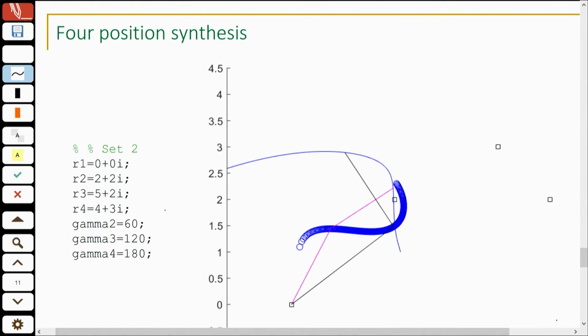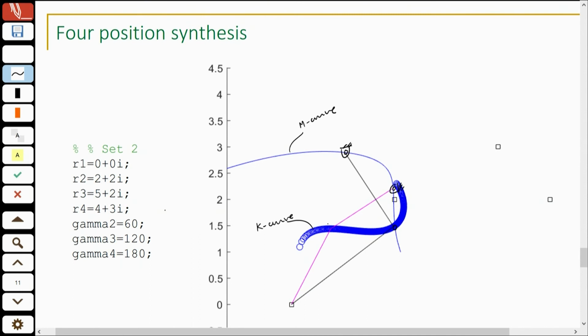So, here is another example of a different set of 4 positions. Again you can see this is the M curve and K curve, and I can choose a center point which has a corresponding circle point.